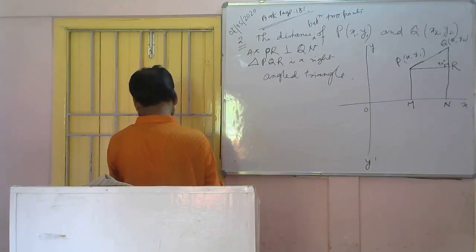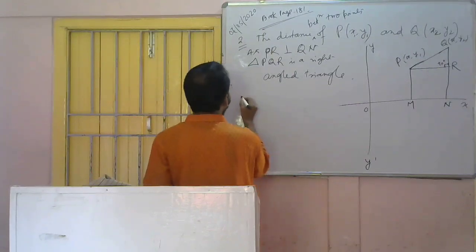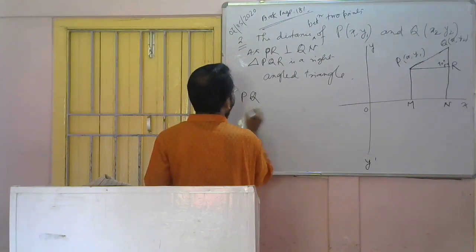So in this triangle PQ is the hypotenuse.